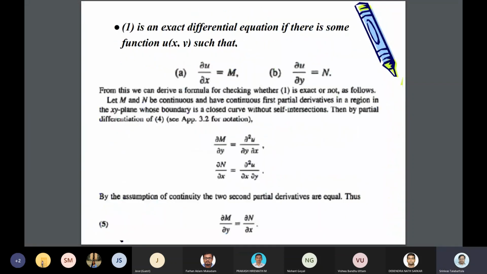So you can go in a systematic way. In the book, you can see that it goes in a systematic way. So you can say du by dx is m in this, du by dy is n. Once again, you differentiate twice. dm, you see here it is with respect to x, so differentiate with respect to y. This you differentiate with respect to x, and d square u by dy dx and dx dy.